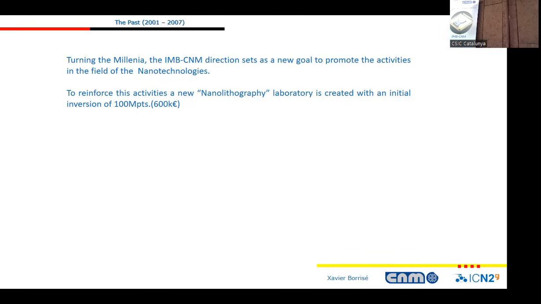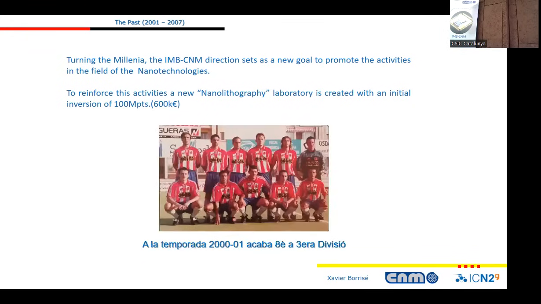To reinforce these activities, there was an investment of 6,000 kilo euros to make a new laboratory. If I'm not wrong, these are the numbers.